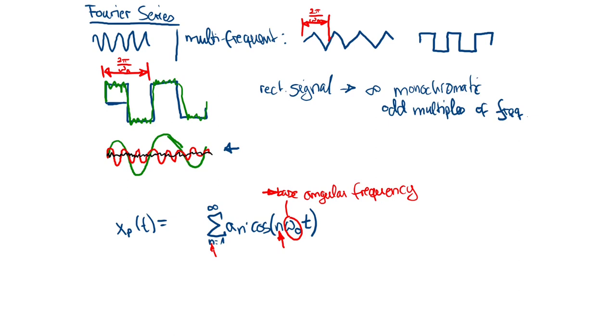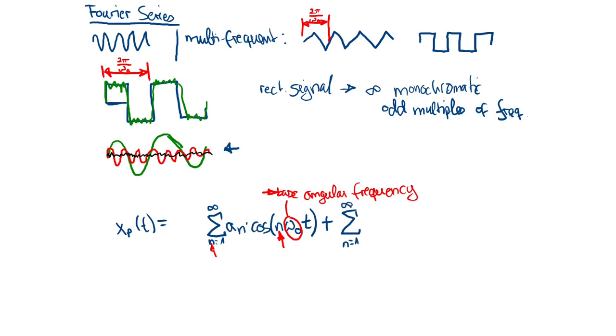But you already notice that something is missing. So we had the phase in our monochromatic signal, but where is the phase here? The truth is that the phase is represented here by another set of functions which are also monochromatic.